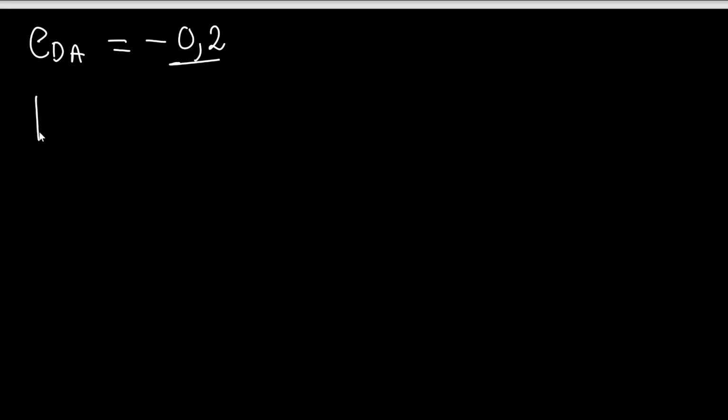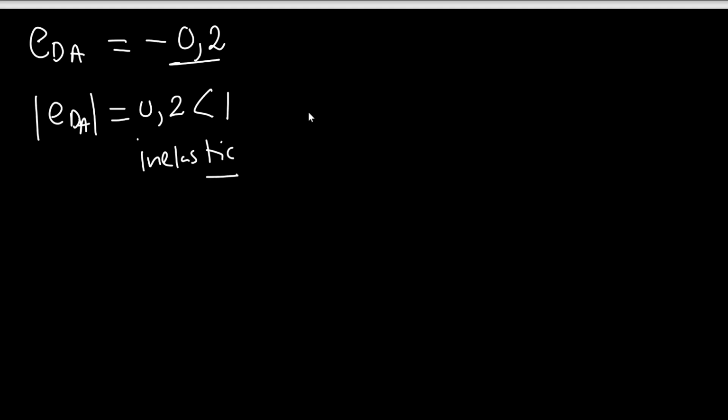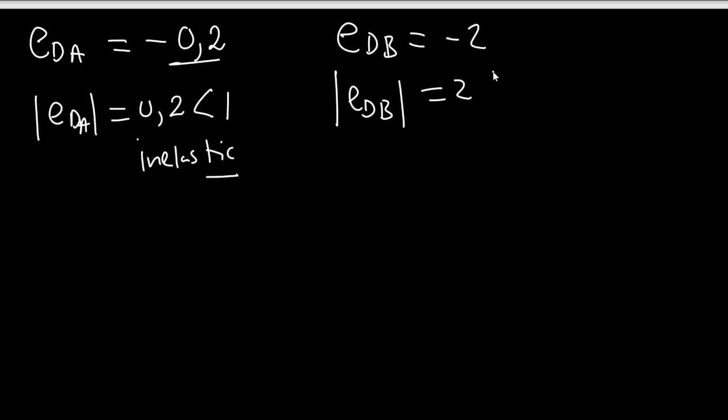You take the absolute value, which is 0.2, and if this number is less than 1, we say it's inelastic. But the one that we calculated together for B was negative 2. If we take the absolute value, it just means the positive value, which equals 2, and this is greater than 1, we say it's elastic.